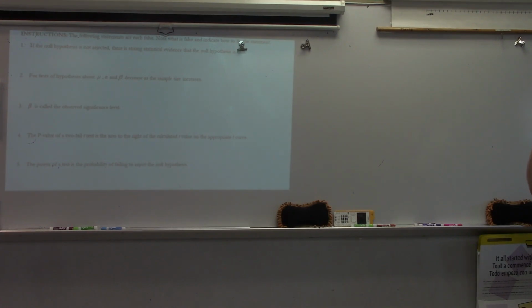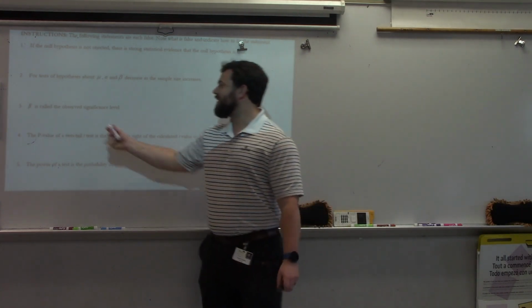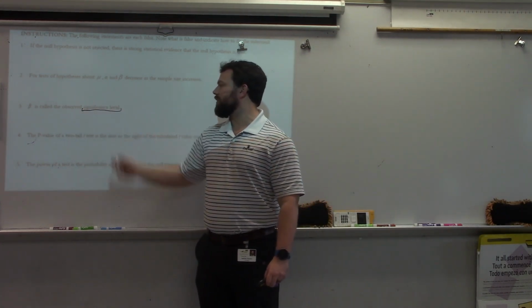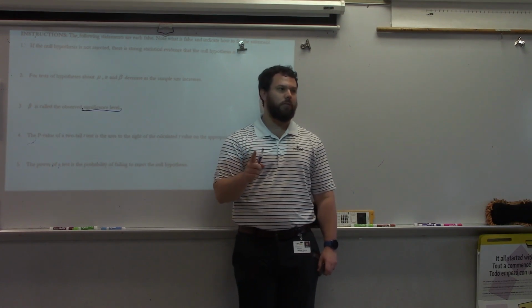So here's the demonstrated understanding that we did yesterday. For the most part, we did okay on these. I do want to point out a couple of things. The significance level of a test, just the significance level, is called what?